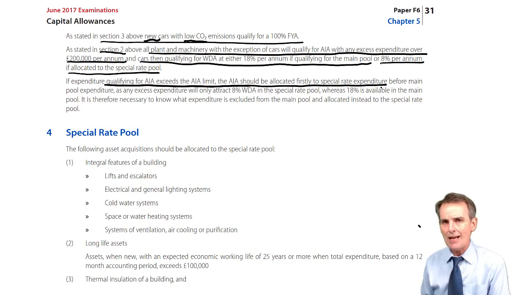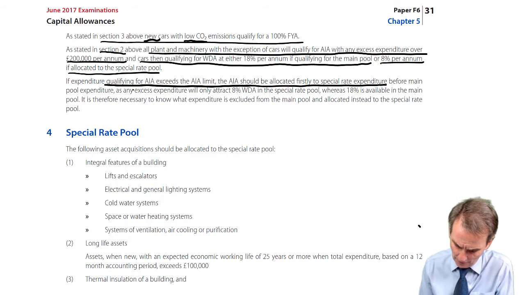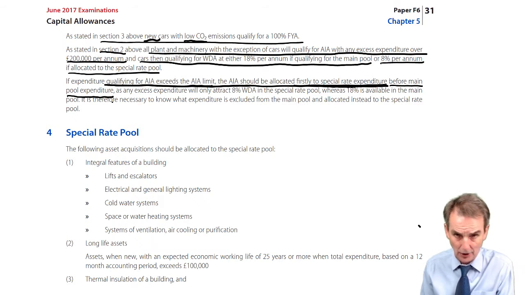So there's not enough AIA, 100% AIA, to go around to satisfy all of the £300,000. So where would you go first? Well, there's your answer. If our qualifying expenditure exceeds the AIA limit, the AIA should be allocated firstly to the special rate pool expenditure before the main pool expenditure.